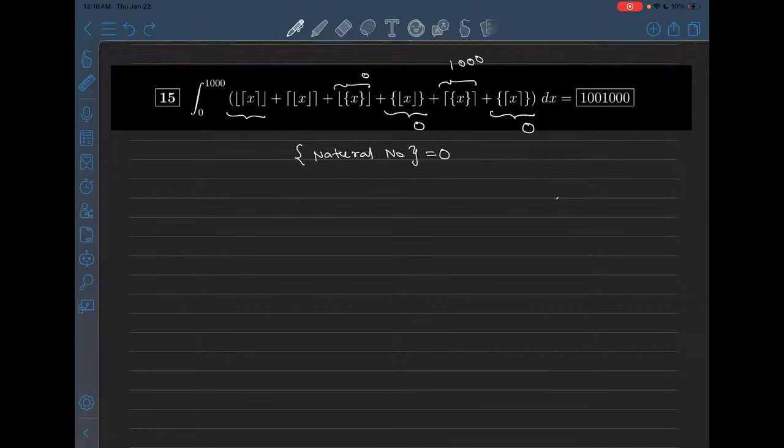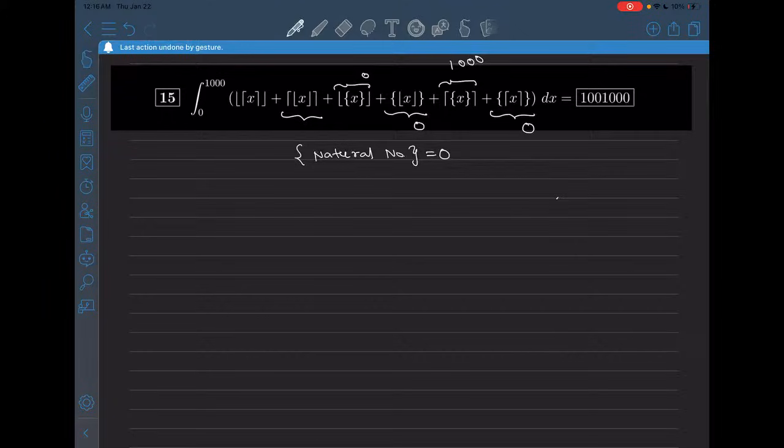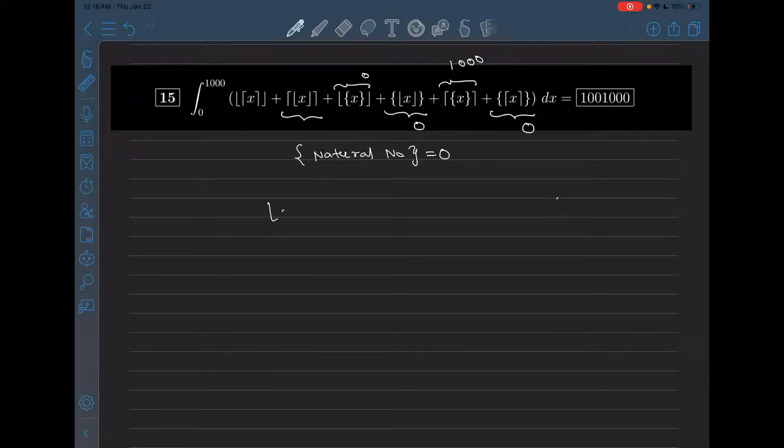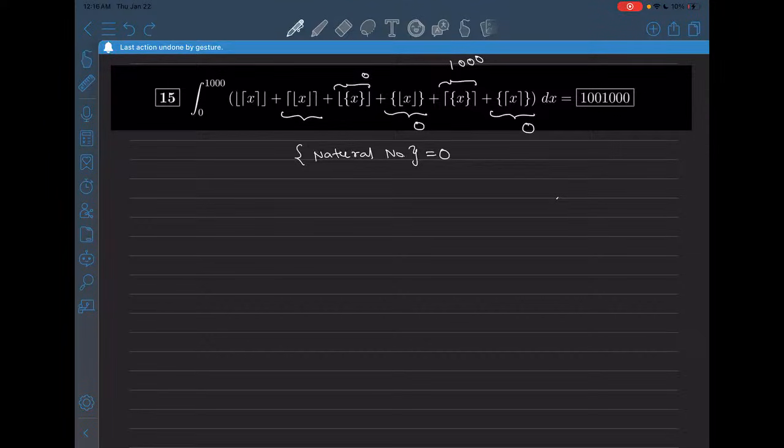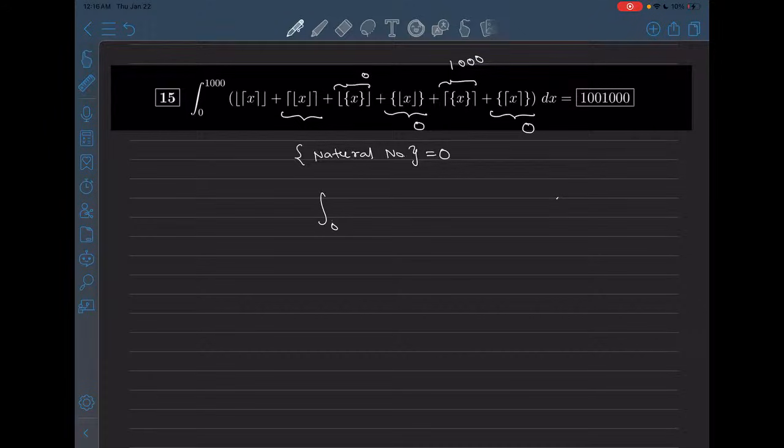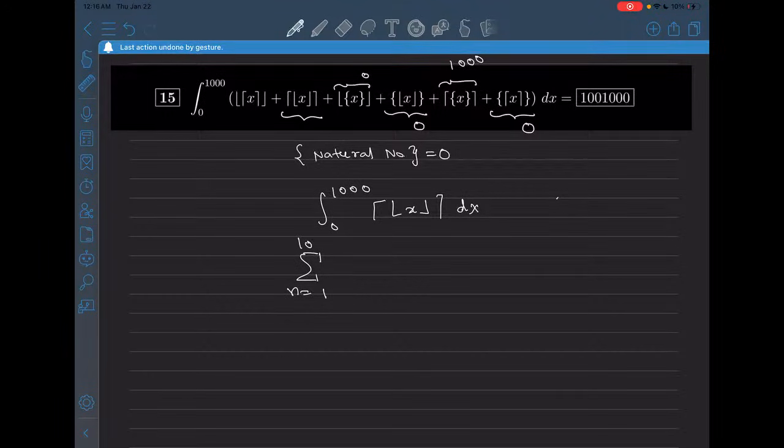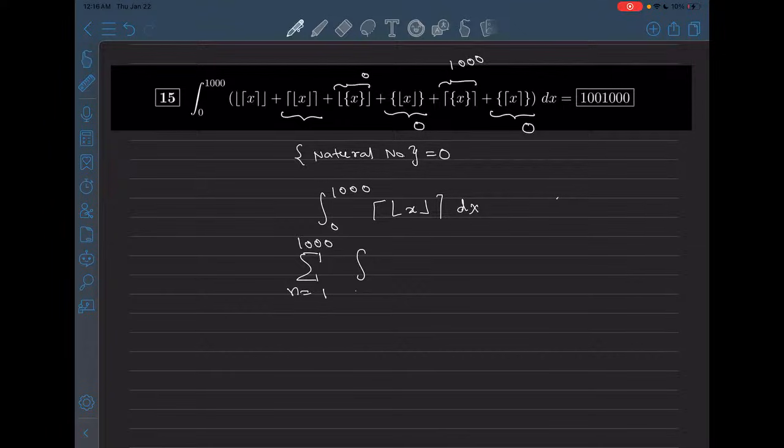So, actually let's see this first. So I already told you, let's go with the approach we did earlier, right? I showed you how you can break this into a sum. So you can break this as a sum from n equals 1 to 1000, and you can go as integrals from n minus 1 to n, right?